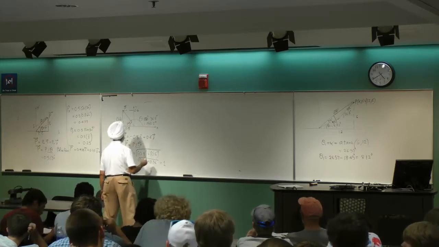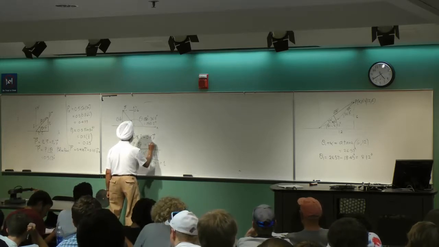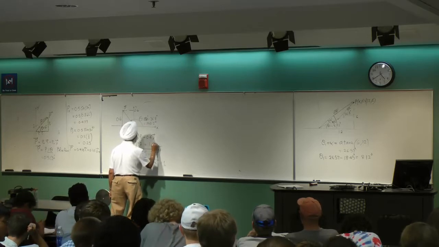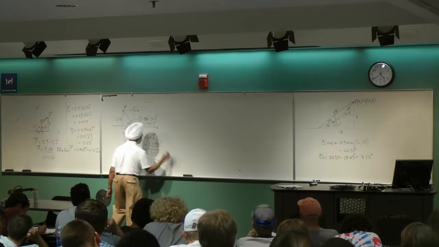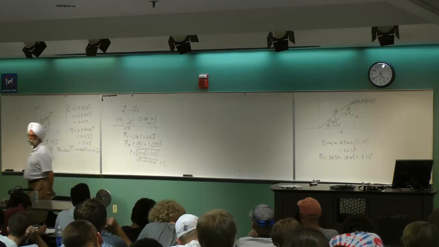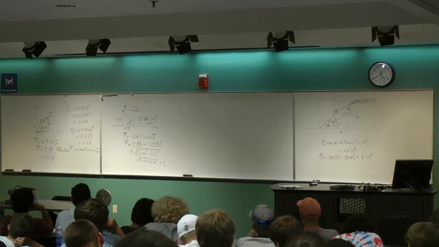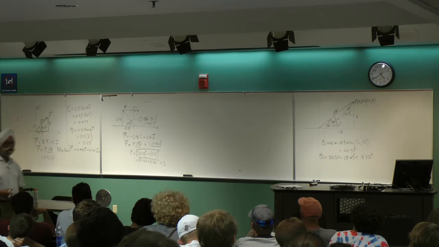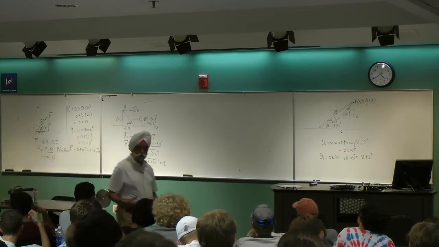Right? So this answer is equal to an angle of 143.2 degrees. So one way to do that is to always find the reference angle, and from there find the angle.